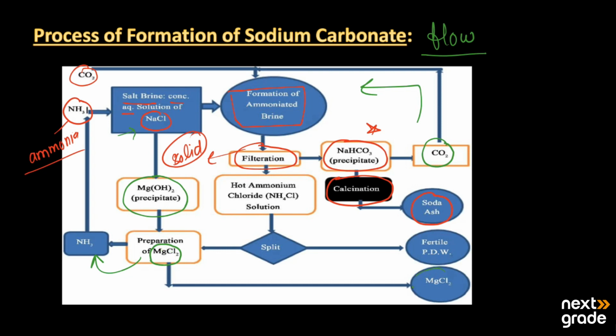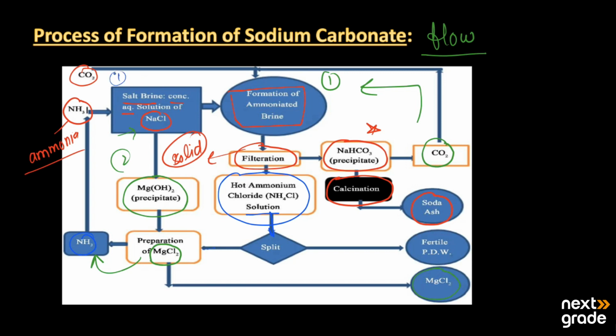At the end, the magnesium chloride is also obtained. In all this process, this is the first and this is the second. Here we have the central process, in which the hot ammonium chloride solution is used, and it splits up and prepares the ammonia for the first step.